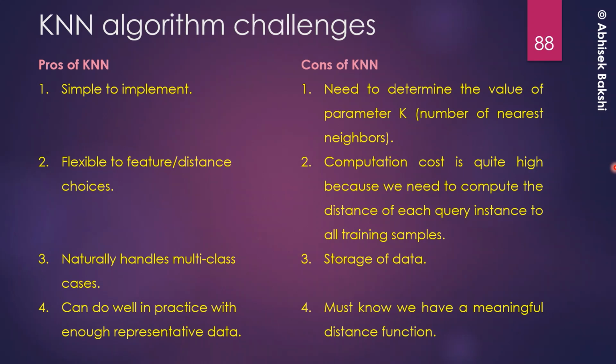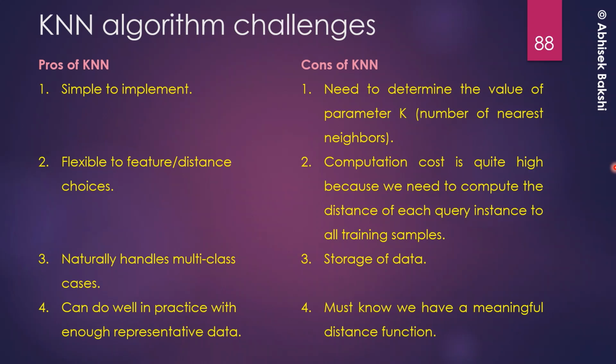But on the other side, definitely it's very flexible to features and distance choice, because the distance calculation equation is very easy to implement, but it's very computationally high cost. Computationally high cost means it may take a lot of time because we need to compute the distance of each query instance to all training samples.